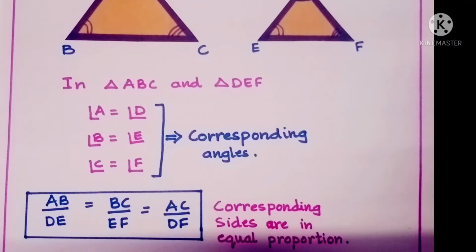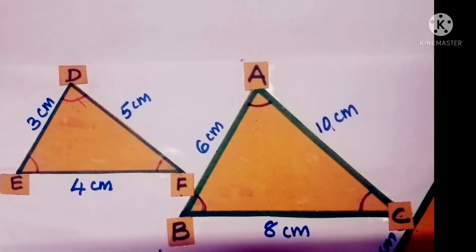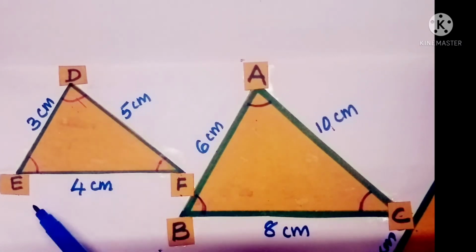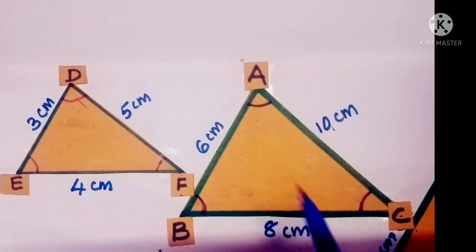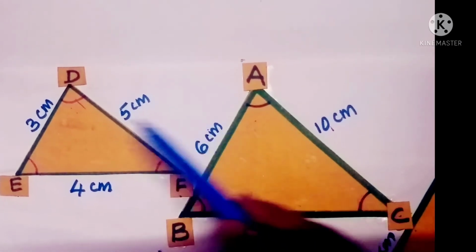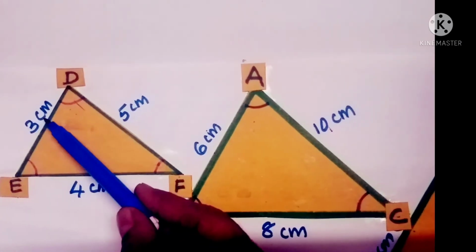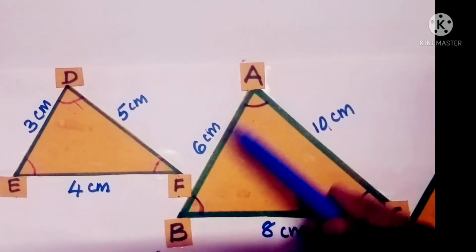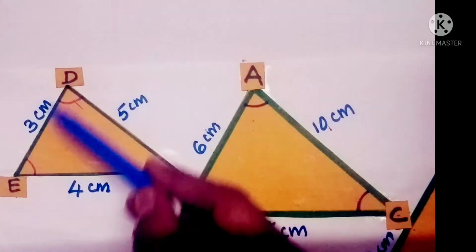Now let me show you. We have the two triangles ABC and DEF here. We can see that side AB measures 6 centimeters and DE measures 3 centimeters. These are the corresponding sides AB and DE.